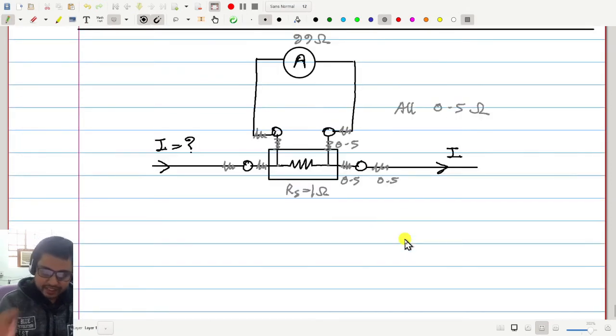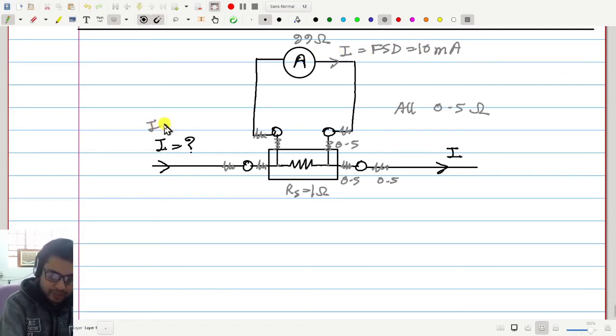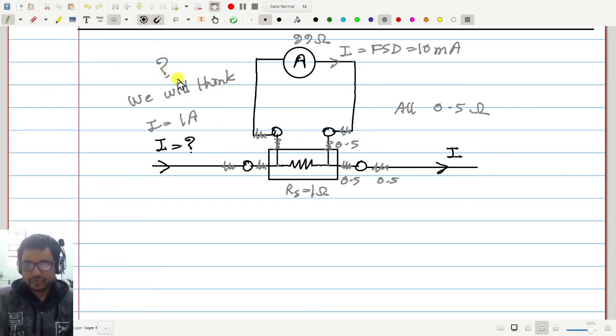Next, now if I get full scale deflection current here, if this is equal to FSD equal to 10 milliampere, then I will think that I is equal to 1 ampere. We will think so. But again the question is, is it true? Let us check.